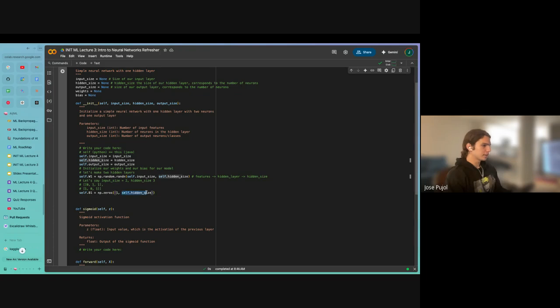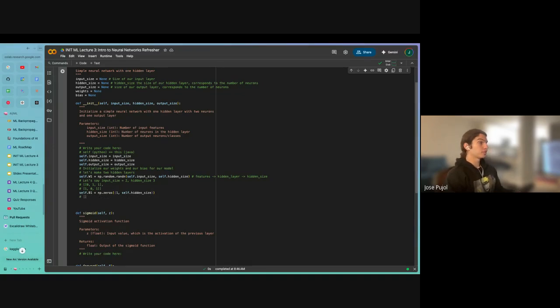So you see it has hidden size. So this is going to be in the shape of 1 row and many columns. That's going to look something like this, where you're going to have 0, 0.